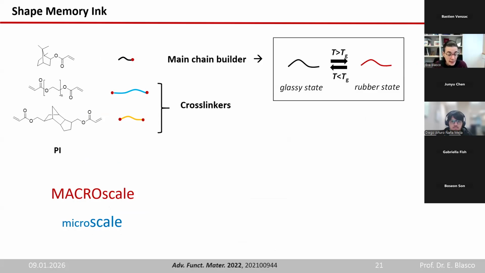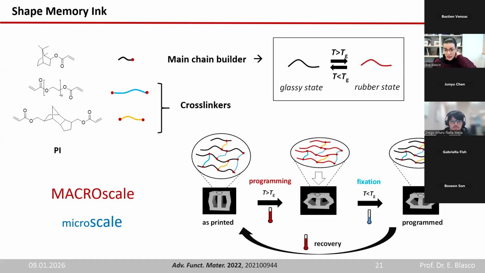It's an acrylate that creates polymer chains that are in the glassy state at room temperature. And when we heat above this glass transition temperature, we go to a more rubber-like state, so we can deform our material. Then we can cool down, then it fixes the programmed shape, and if we heat up, it recovers.